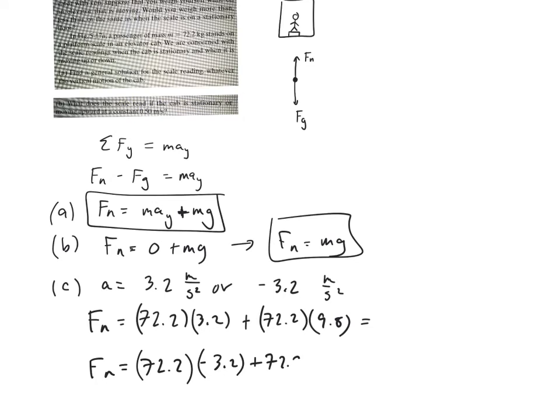And then the right side is the same. Okay, nothing changes except the acceleration sign is what changes here. These are 72.2s. All right, so numbers-wise, just so you can physically see what you actually get here, you're going to get 939 for the first one, and you're going to get 477 for the second one.